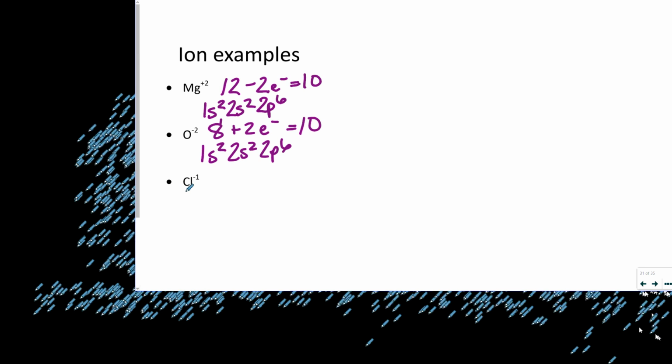So when we have ions, they end up having the same configuration, because what happens is it matches the configuration of the noble gas, because that's what's stable.